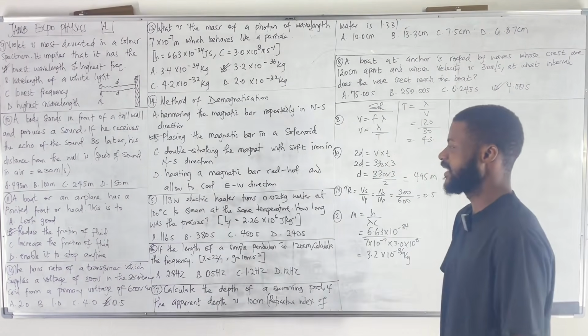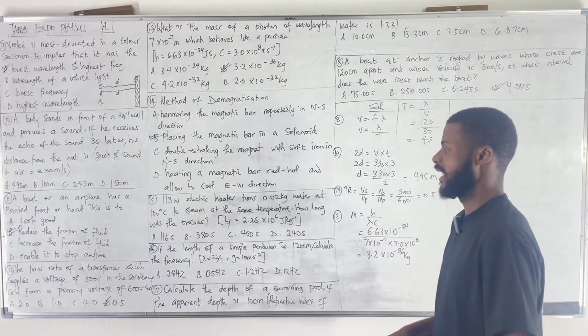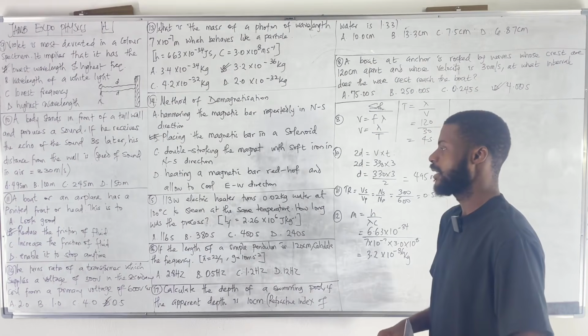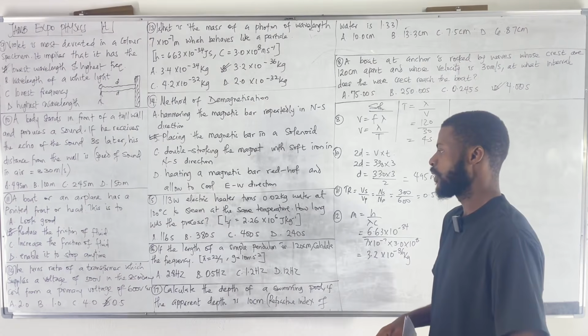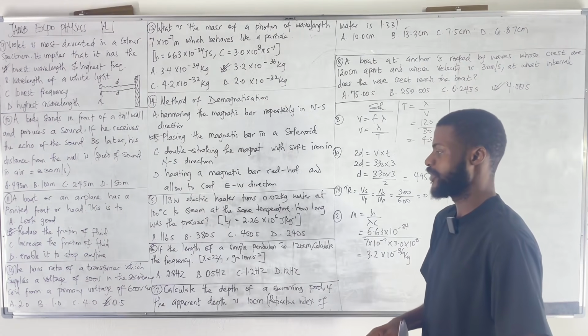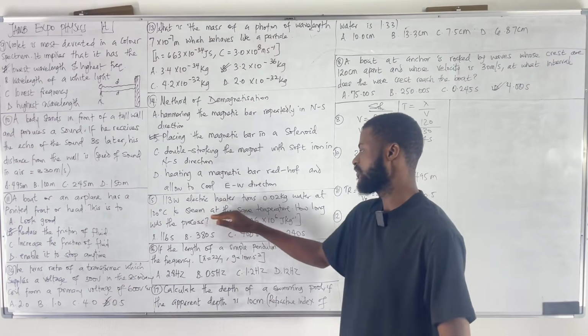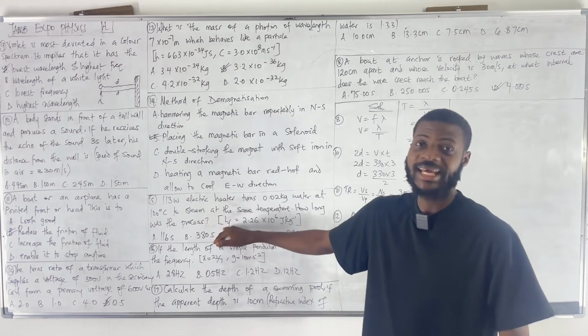All right. Number 15 says a 113 W electric heater turns 0.02 kilogram of water at 100 degrees Celsius to steam at the same temperature. You have to find how long the process took. To start with, anytime it does not involve a change in temperature, it has to deal with latent heat.